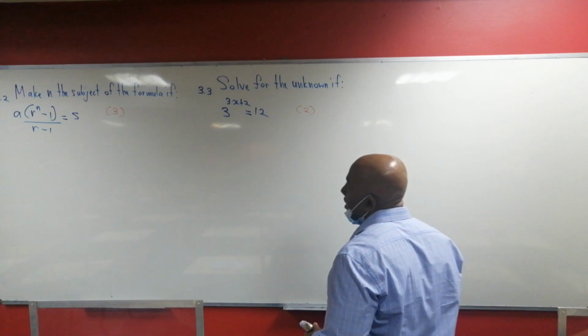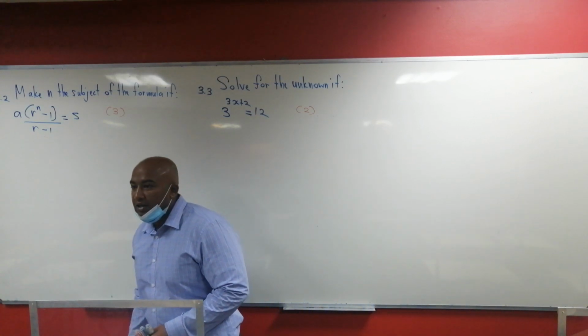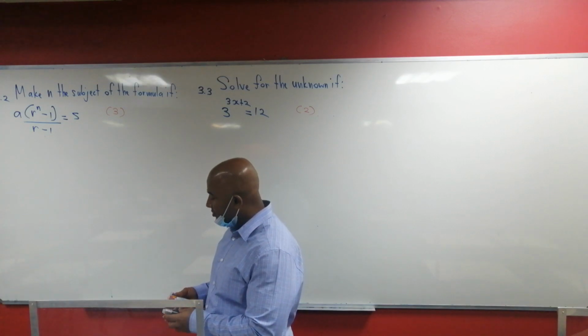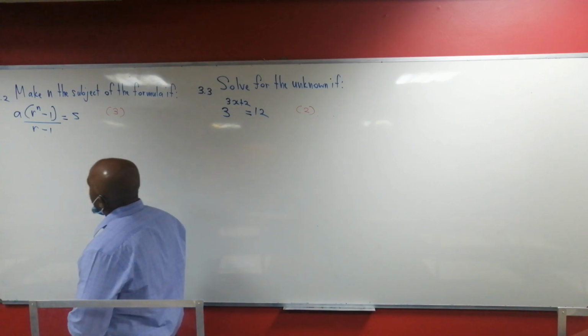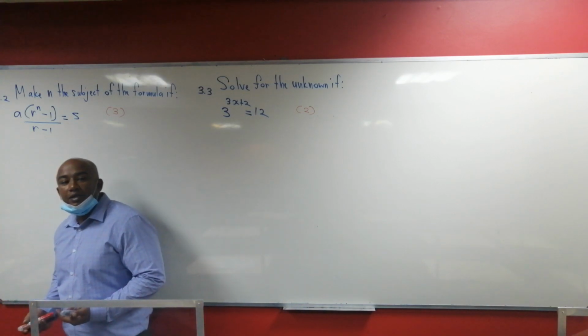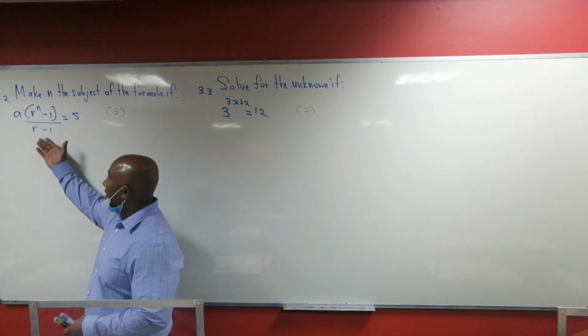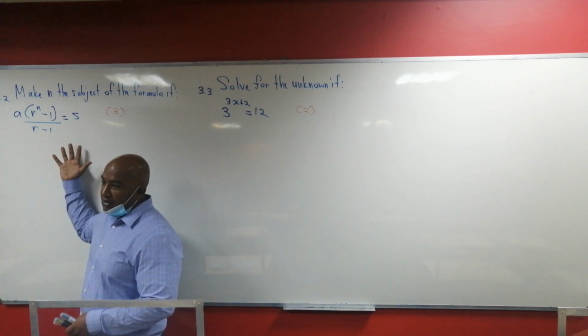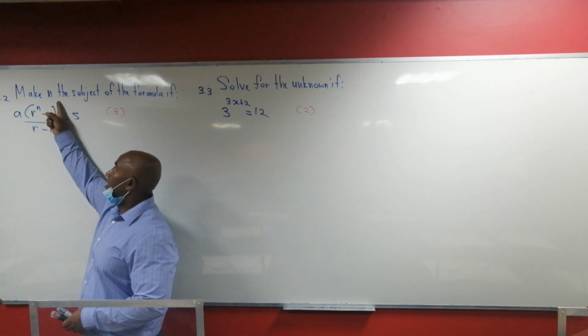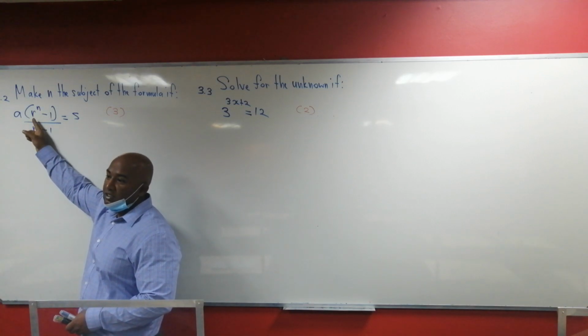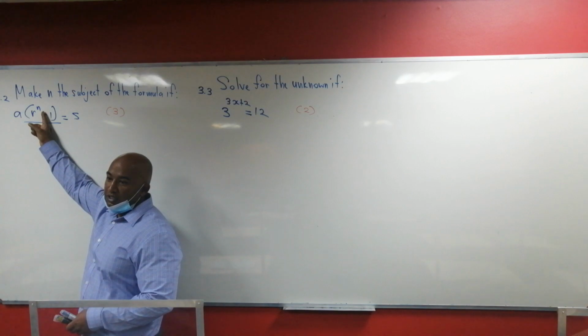The next question, 3.2: make n the subject of the formula. So let's have a look at where that symbol n is. We need to identify its position in this problem. So the n is the exponent here. If it's the exponent, then you need to identify the base of that exponent.